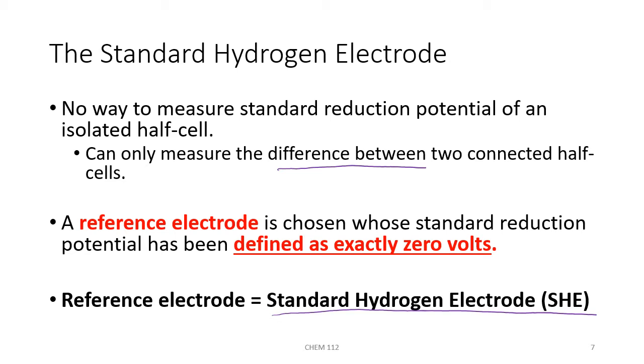Everything else is measured against hydrogen, and when we measure the voltage of any other metal against hydrogen, we can see if it's going to be oxidized or reduced compared to hydrogen. We can read the voltage from the voltmeter, and that number is essentially assigned as the standard reduction potential for anything else, since hydrogen is defined as being 0 volts.